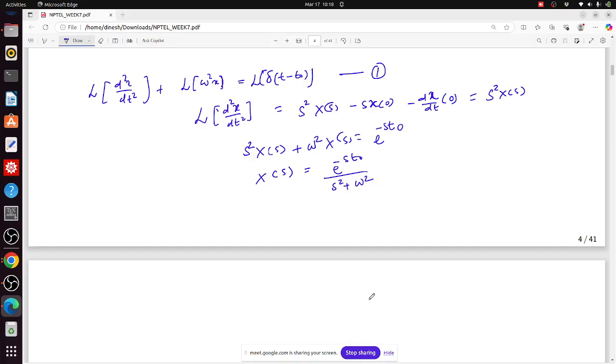Now, in the previous session, I wrote down the table of functions and their Laplace transforms. If we look at this table and do the inverse Laplace transform of this, we will get 1 by omega theta of t minus t0 times sine omega t minus t0.